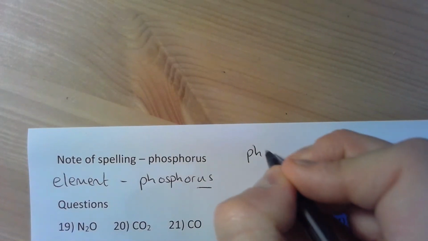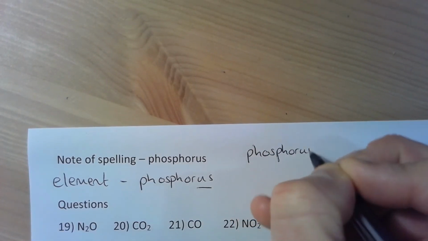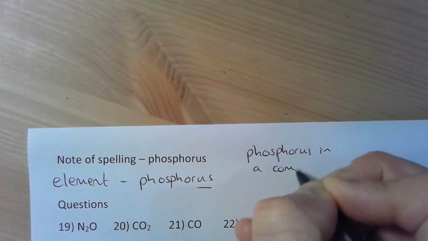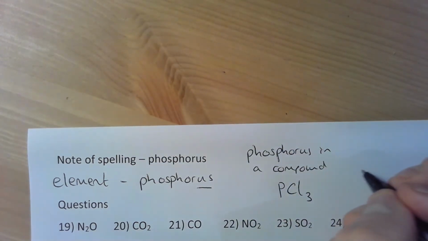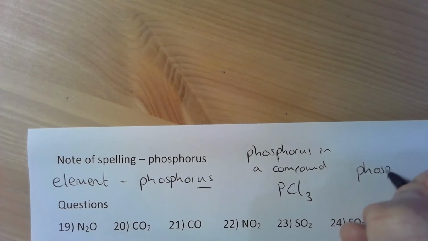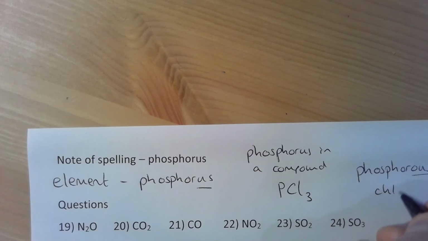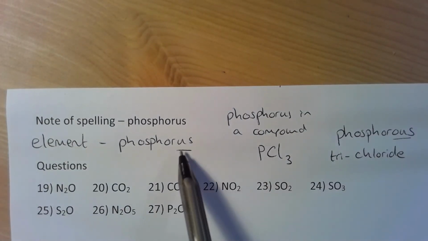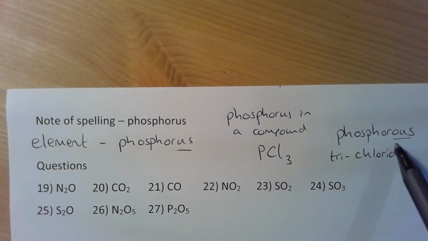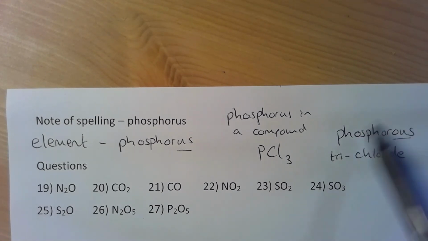If phosphorus is in a compound, and I'm going to give you an example here of PCl3, then the name changes to phosphorus, OUS. In this case, this would be phosphorus trichloride because it's a non-metal. So then, just so that we know that the name and the element ends in US, and if it's in a compound, it's spelled OUS at the end.